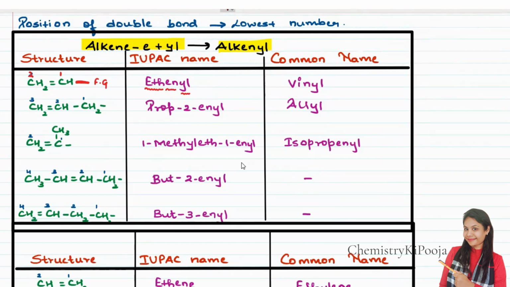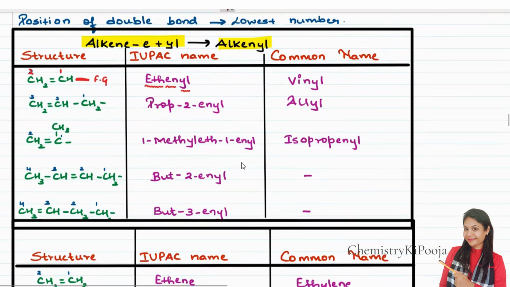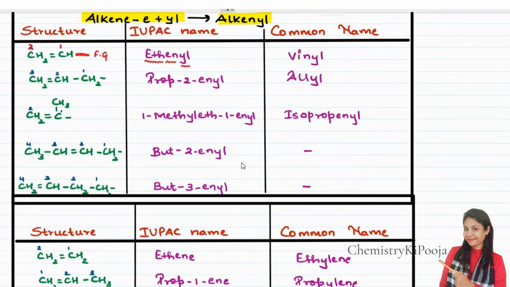Now, the next one is the IUPAC name for the next structure. It is 1, 2, 3. So, a total of 3 carbons are present. And then the numbering, I'm going to start from this side, wherever there is the branching. So, 1, 2, and 3. So, 3 carbons means prop. Then between the second and third carbon, there is a double bond.